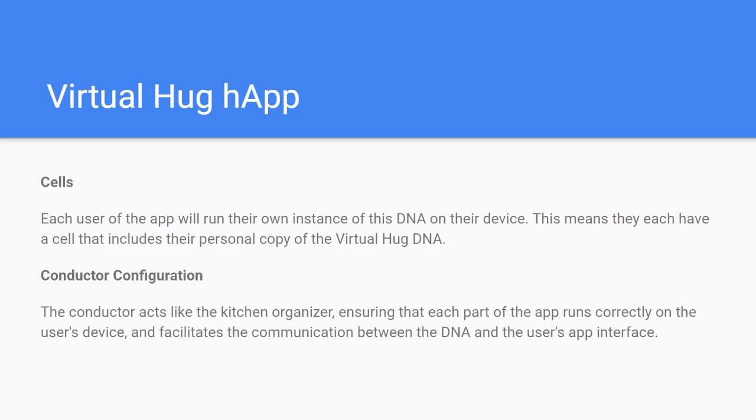So the conductor configuration. The conductor acts like a kitchen organizer, ensuring that each part of the app runs correctly on the user's device. It facilitates the communication between the DNA and the user's app interface. The conductor could be running on everyone's phone, or it could be running on a web server, say if instead of having something installed on your phone, you're going to a website.